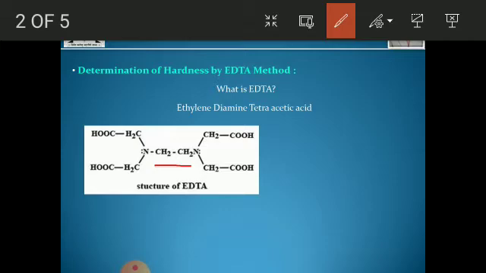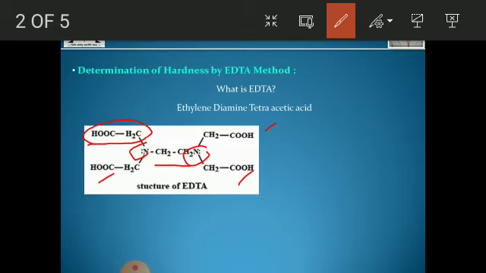But here we are forming an EDTA molecule. So, two nitrogens are attached, one nitrogen to each carbon. So, that is a diamine. And each nitrogen is connected with an acetic acid molecule. Like that, there are 4 acetic acid molecules.